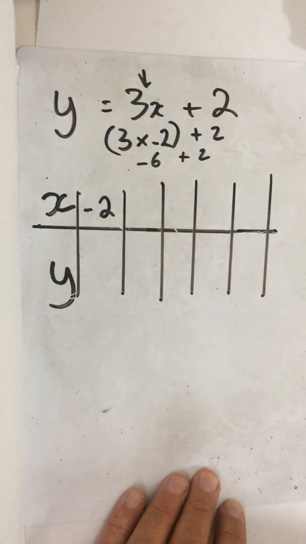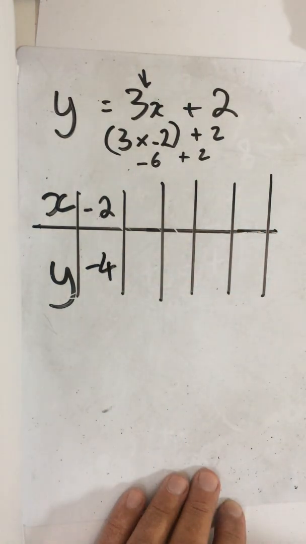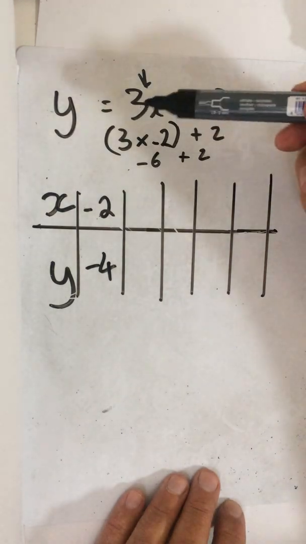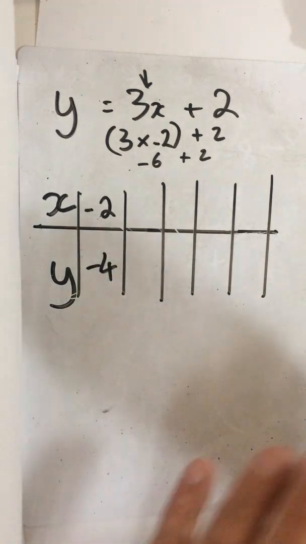Minus 6 add 2 is minus 4. So y is equal to minus 4. We're basically solving that equation if x is minus 2.